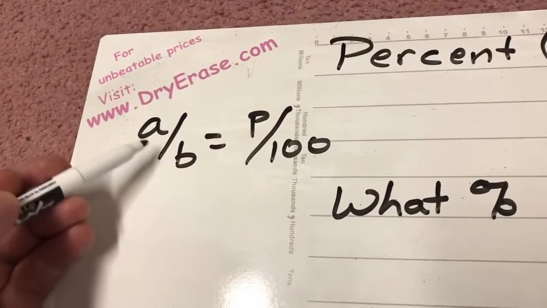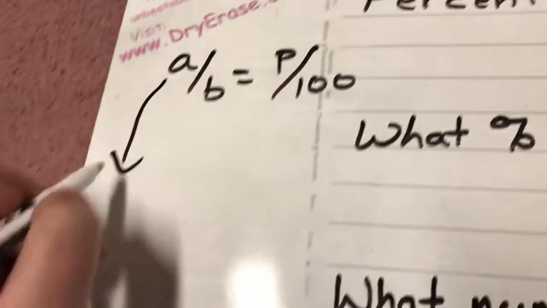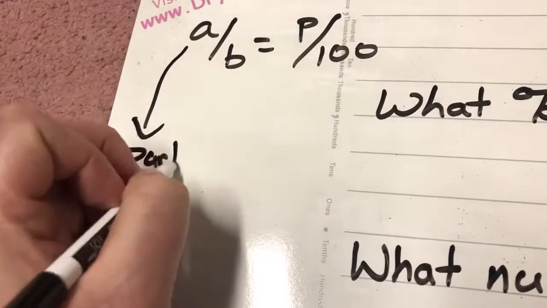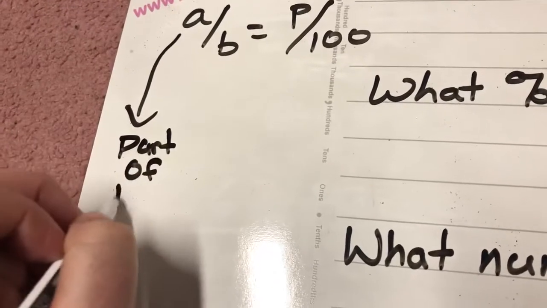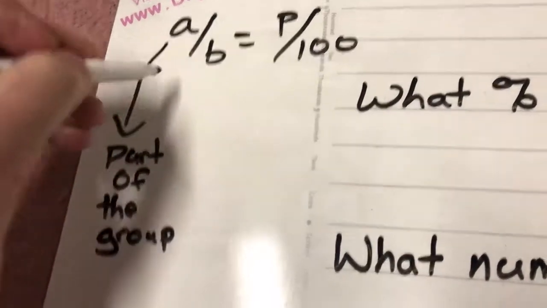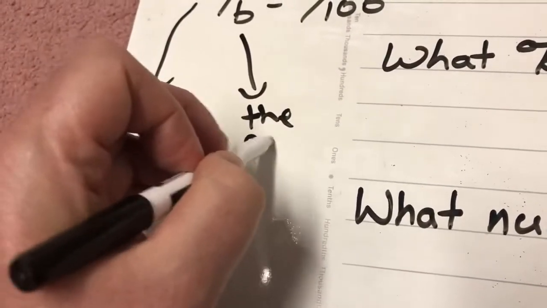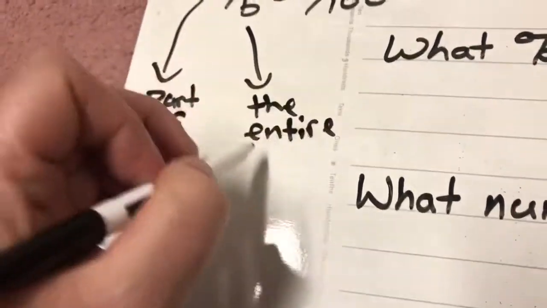A over B, this is our proportion. A would be part of the group, and B would be the entire group.